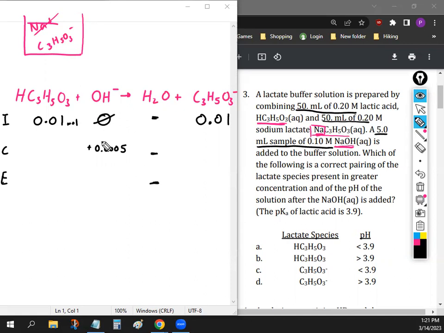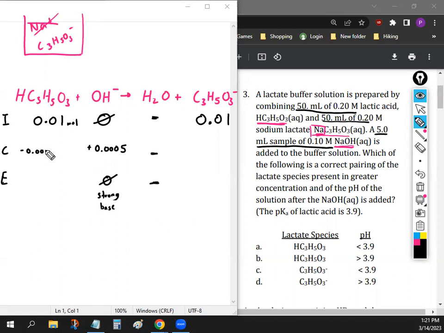Even though we're adding it, are we going to have some OH minus at the very end? No, we are not. So it's going to be 0, and you can justify this by saying it's a strong base. However, this allows us to calculate the change between all of these. It's going to be the same because of the 1-to-1 ratio.